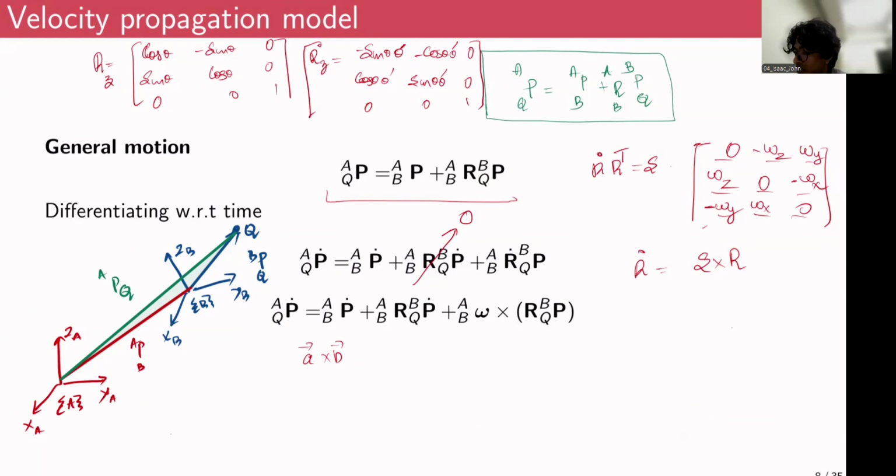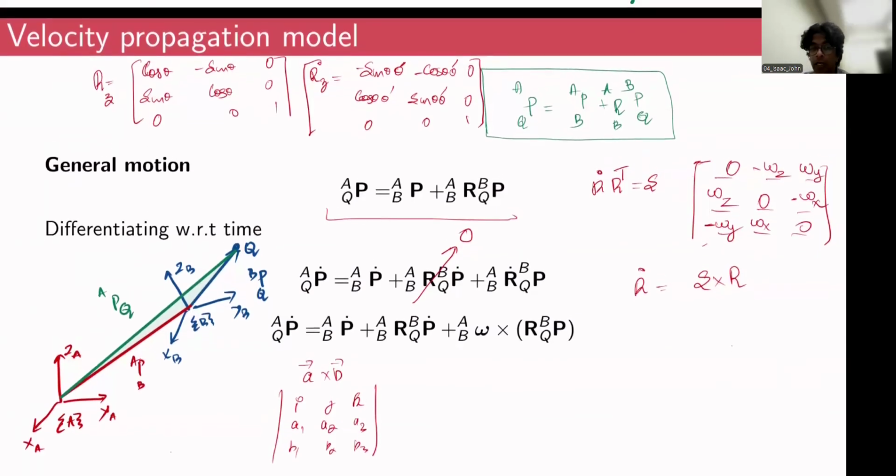If you have i, j, k and A1, A2, A3, which are the components of A, and B1, B2, B3, which are the components of B, you would take the determinant of this matrix to get the expanded form of A cross B. You can also get the same result using an equivalent matrix representation: a skew symmetric matrix multiplied by the vector B, that is B1, B2, B3.